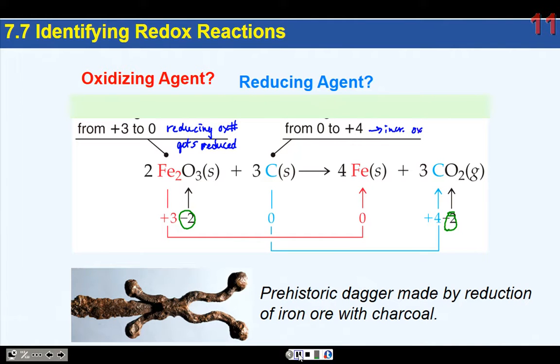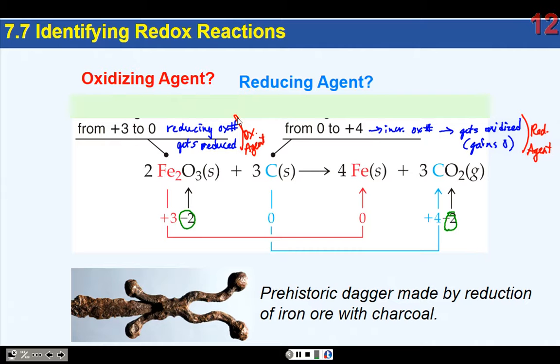When the oxidation number is increasing, that means it's getting oxidized. Well, that fits too, because in this example it gains oxygen, doesn't it? If it gains oxygen, that's a giveaway that the carbon is getting oxidized. So the thing that gets oxidized is the reducing agent, and the thing that gets reduced is the oxidizing agent.